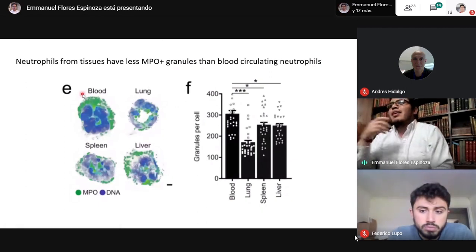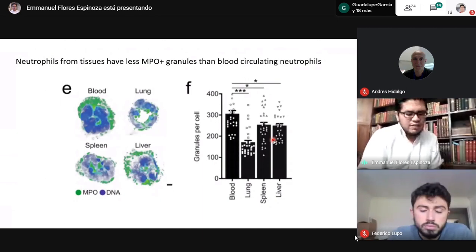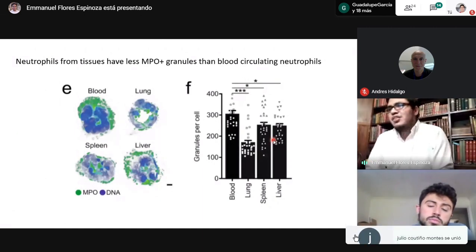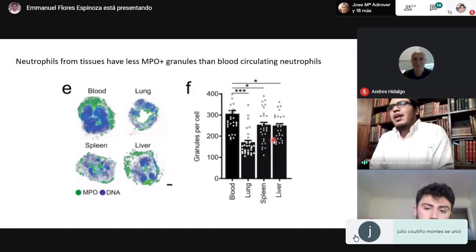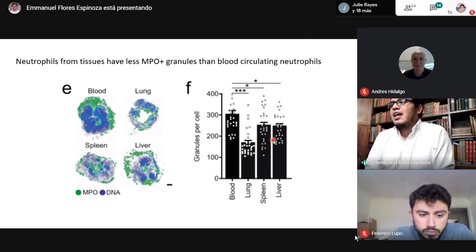This is important because it is indicative regarding the question that I raised at the start of this presentation, why the homeostatic neutrophil infiltration of these tissues is not causing vascular damage, and maybe it's because they are degranulated when they arrive here.